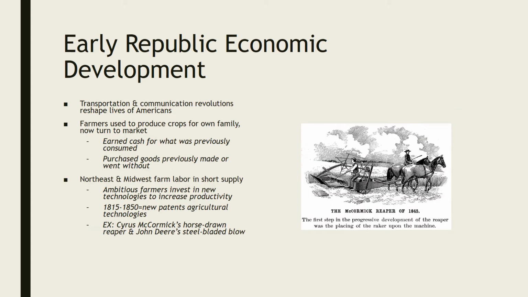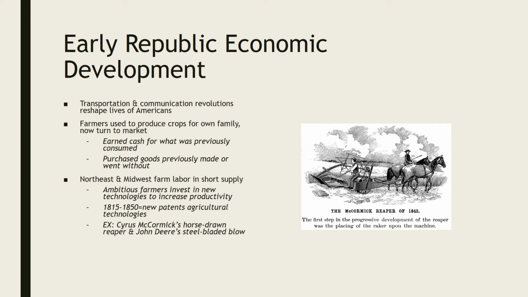All right. So this transportation and communication revolution really reshaped the lives of Americans. Again, farmers that used to produce crops for their own family now turn to the market. So they're earning cash for what they previously consumed. And as we said before, with that reverse journey coming back from cities on the East Coast, they're able to purchase goods that they either had to make themselves at home or went without.